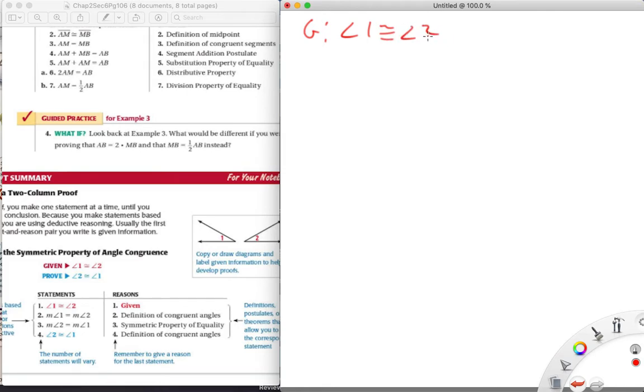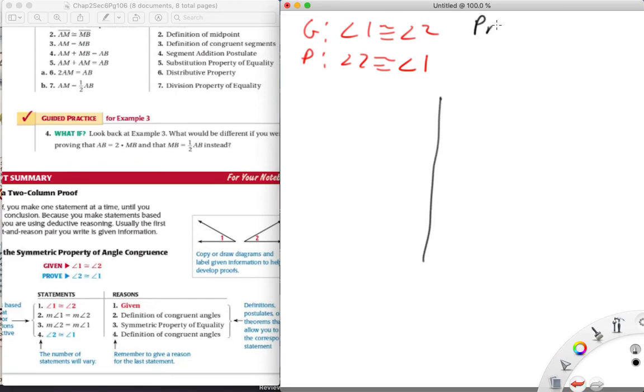So we have to prove that angle 2 is congruent to angle 1. Here's the thing about this. We can't use the symmetric property of congruence to prove the symmetric property of congruence. So we have to prove it without using it.